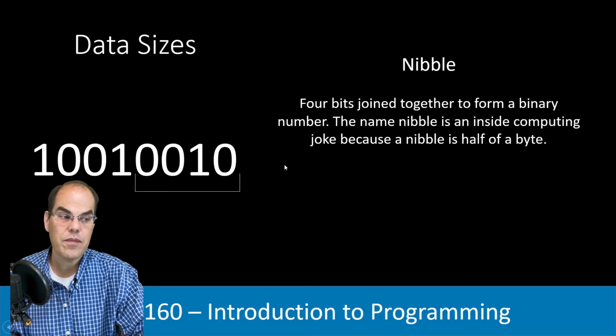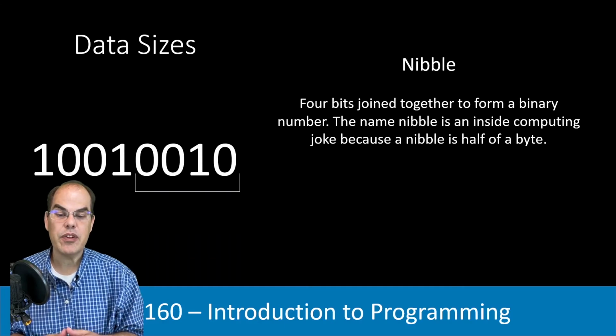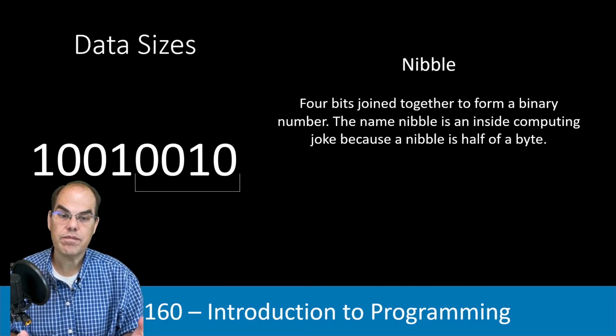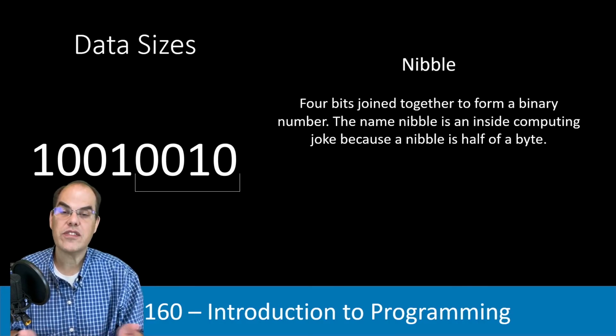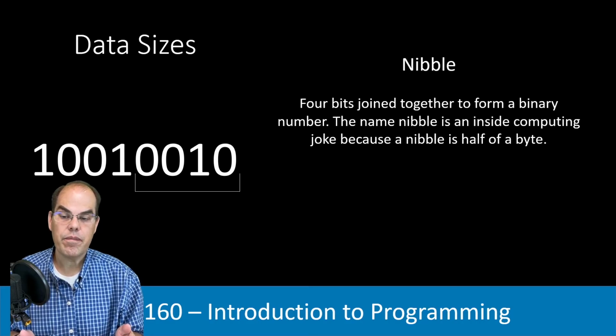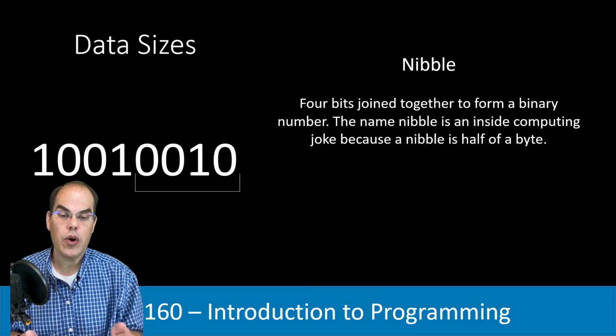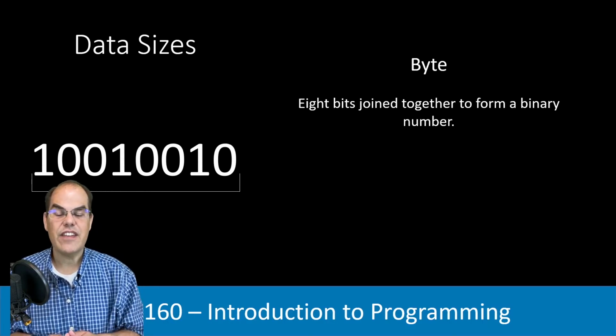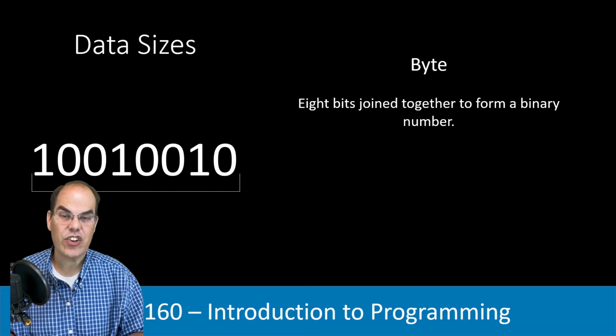Now to go up a size, you have a nibble, and a nibble is 4 bits together. That represents a certain range of numbers, but it's represented by 4 bits in a row, which is called a nibble. Now, if you go to 8, it's called a byte.